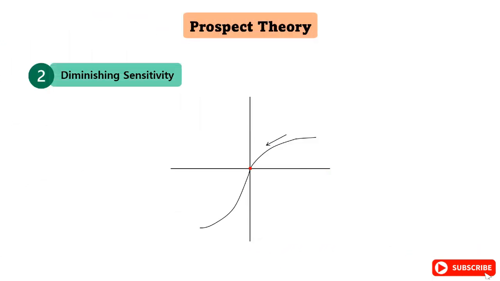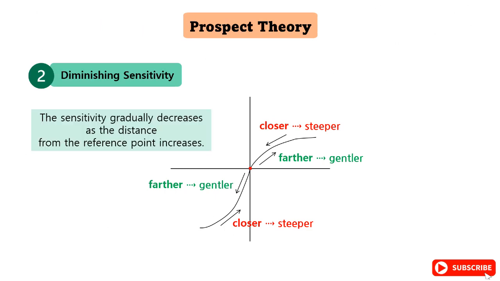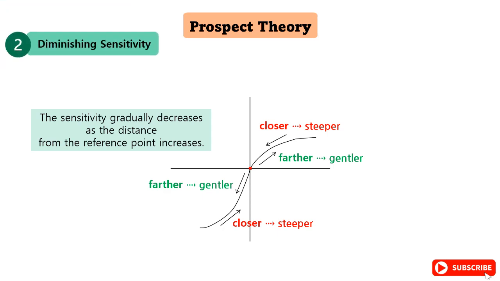And the S shape means that the closer the graph is to the reference point, the steeper it is, and the farther away it is, the gentler it is. That is, the sensitivity gradually decreases as the distance from the reference point increases. This is called diminishing sensitivity.